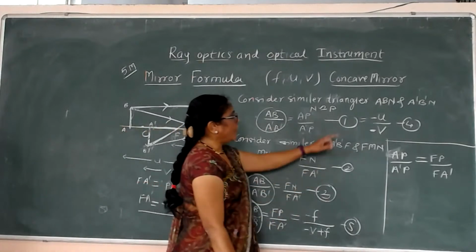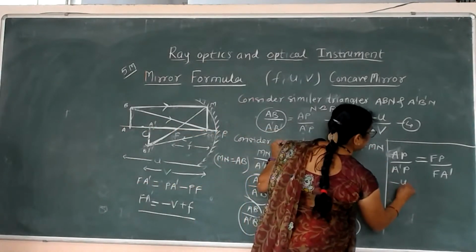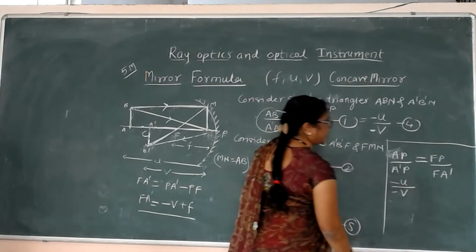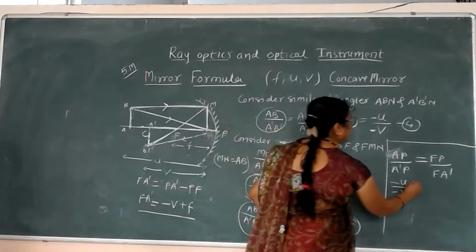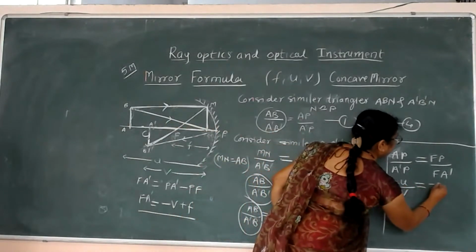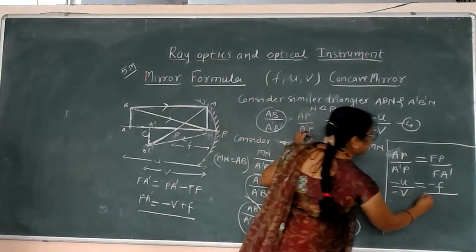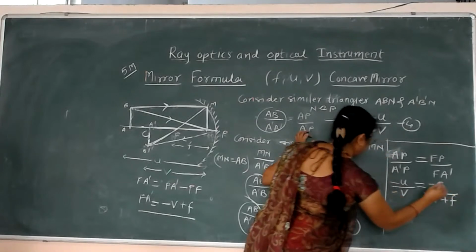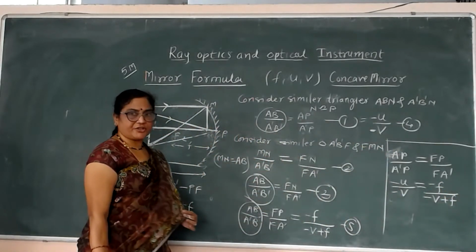Substitute the value of AB by A dash B dash. Those values are minus U divided by minus V is equal to FP, which is minus F, divided by this value, minus V plus F. So cross multiply this equation.